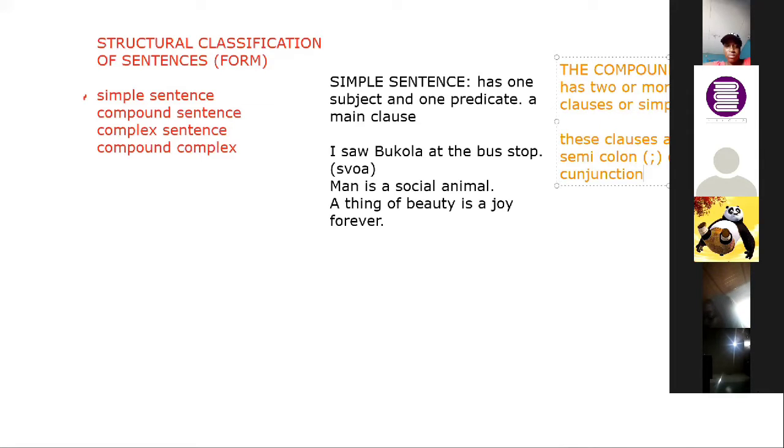So an example of coordinating conjunction I've told you before is FANBOYS.